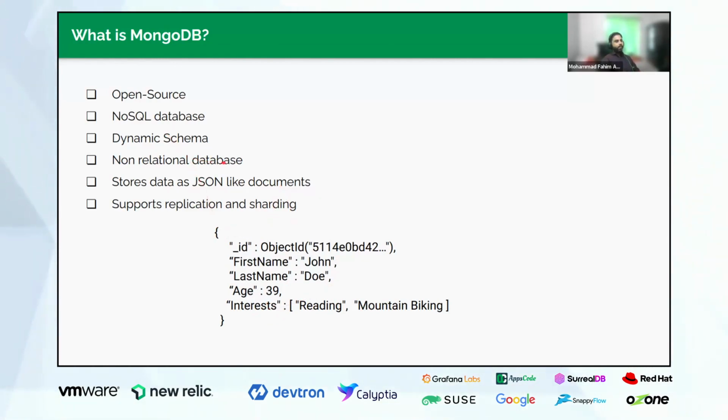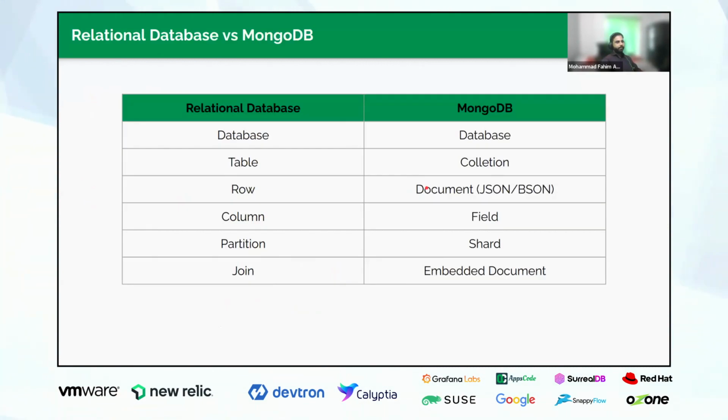In SQL databases, we have primary keys, foreign keys, etc., to make relations between 2 tables, but here we don't have anything like that. MongoDB also supports replication and sharding. So you can create multiple replicas for your database. Also, you can manage sharding. We will see those things later.